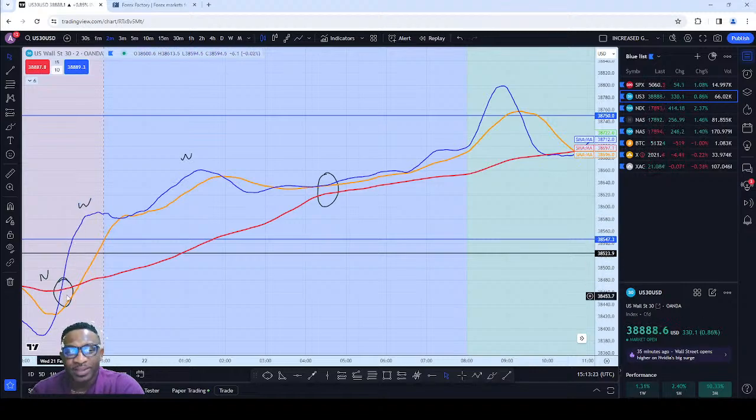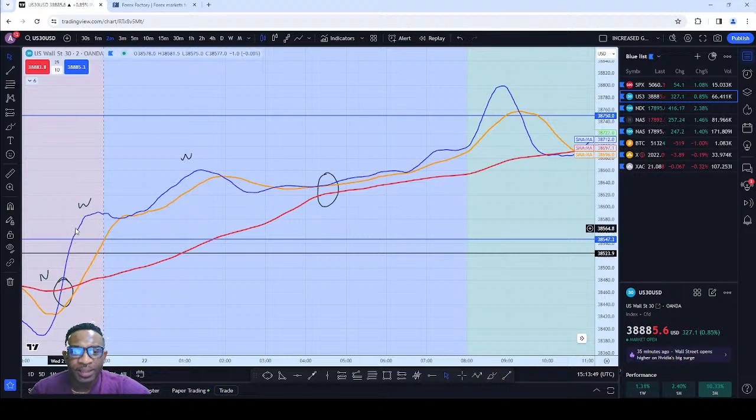When price is in the narrow state, it can either be going downwards or going up. As over here we have price moving to the upside.